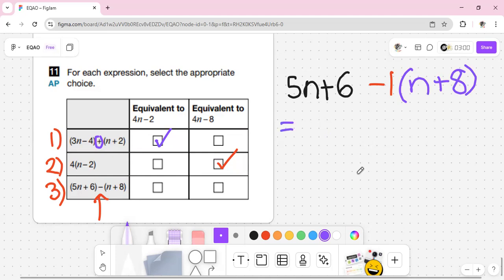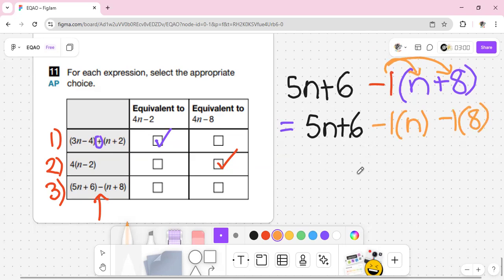So what that gives me is 5n plus 6. And I have to use the distributive property. So negative 1 times n and negative 1 times 8. Both of these have to be multiplied together.